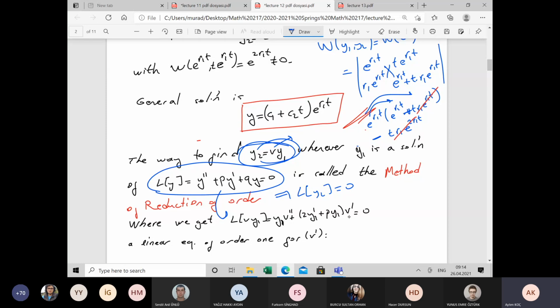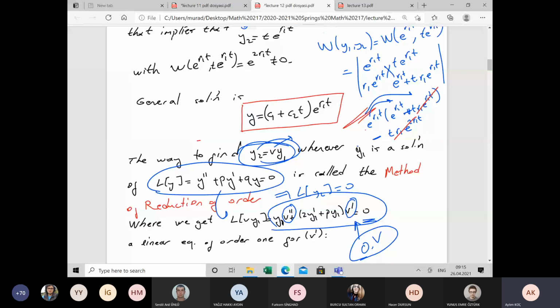It contains v double prime and v prime. The coefficient of v double prime is y sub 1, and there is a coefficient of v prime, but there is no v here. This differential equation is homogeneous and second order in y, but there is no v term here. The coefficient of v is 0. It's okay?